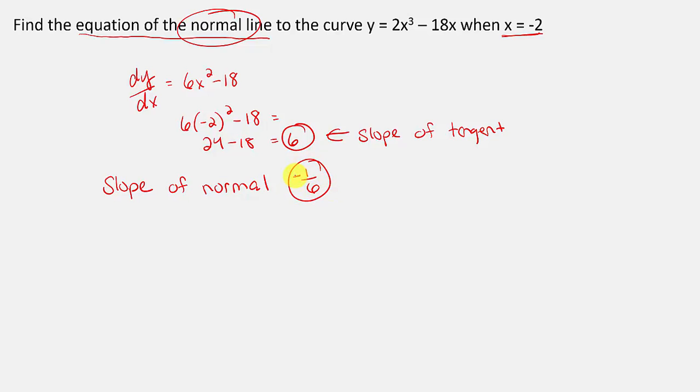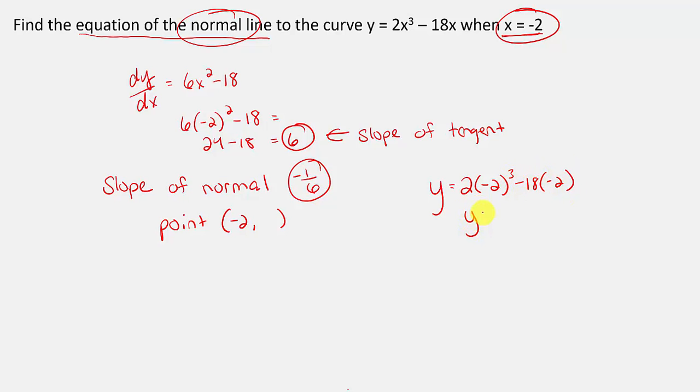Okay, now in order to write the equation of any line, we need a slope, which we now have because we're writing the normal, so we have this slope. And we also need a point. In this case, we were given the x value of negative 2, but I do need to figure out what y value goes with this. So I'm going to take my curve here, y equals 2x cubed minus 18x, and in place of that x, I'm going to plug in negative 2, because this will allow me to find the y coordinate of this x equals negative 2.